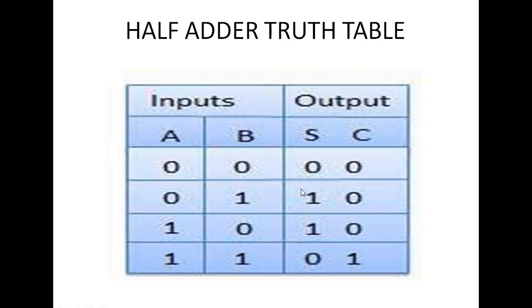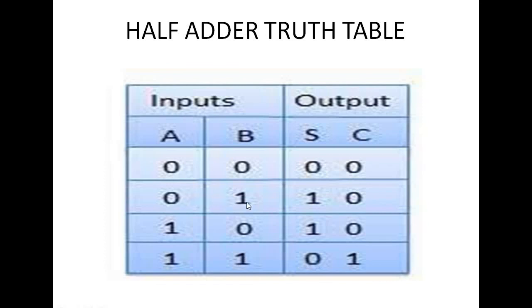And what is sum? See, whenever both the inputs are the same, here 0 0, both the inputs are same, so output is 0. When both the inputs are the same, output is 0. Here also both the inputs are the same, 1 1, result is 0.